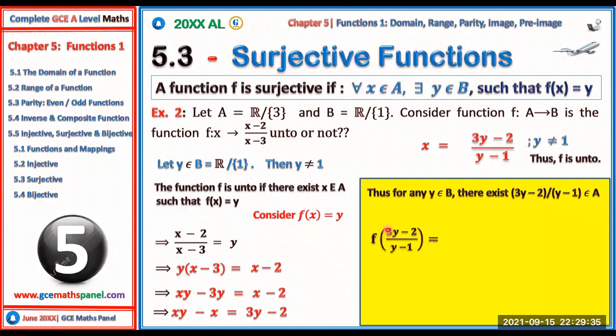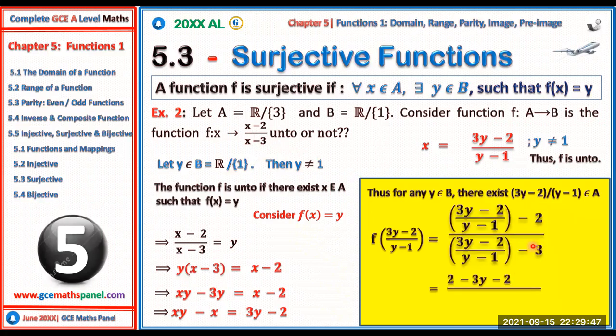We have f of (3y minus 2)/(y minus 1) should be equal to, when we substitute, this position minus 2 over this x value minus 3. When we simplify all of this, this is what we obtain, and this is equal to y. So it matches with what we wrote before: f of x is equal to y. So we conclude that this is onto. Here I was just checking and showing you how you can check.